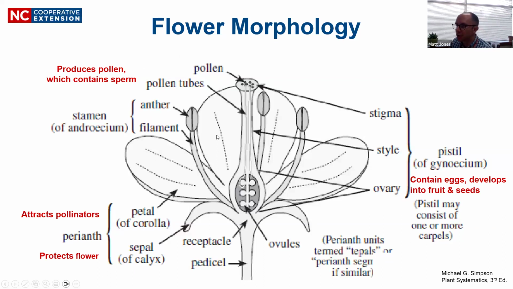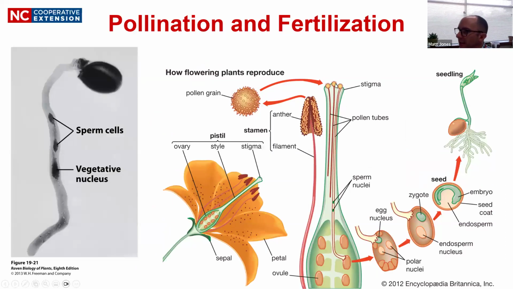And the long story short is that pollen lands on the stigma of the pistil, which we'll cover again in part 3, so just stand by. So pollen lands on the stigma, the pollen grain germinates, and produces a tube that grows through a structure called the style. It grows into the ovary.